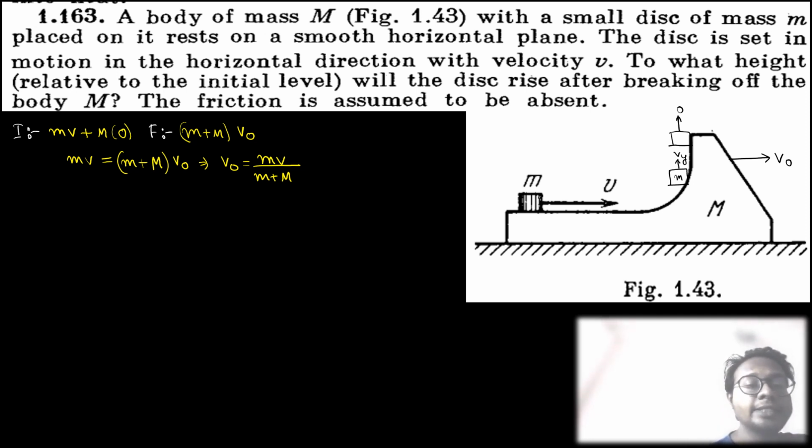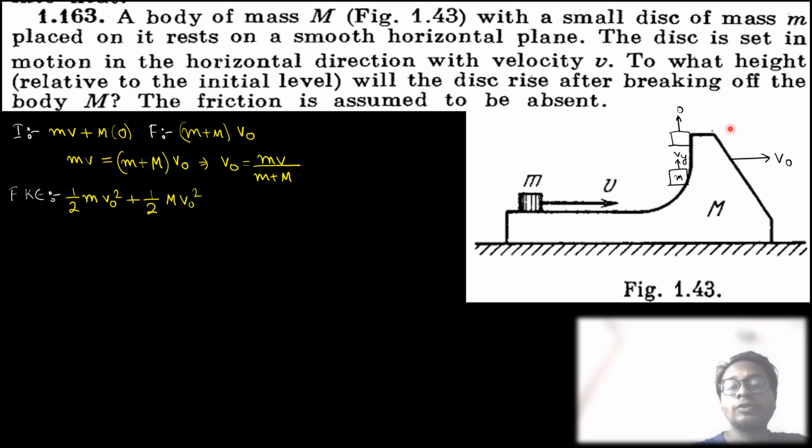So I'll just apply the work energy theorem out here. Final kinetic energy is nothing but half m v naught square plus half capital M v naught square, because both are moving with the velocity v naught. Applying the work energy theorem to the entire system, final kinetic energy is this value.